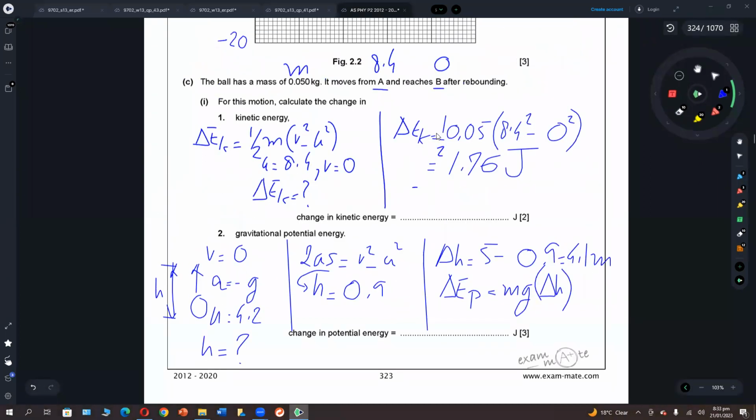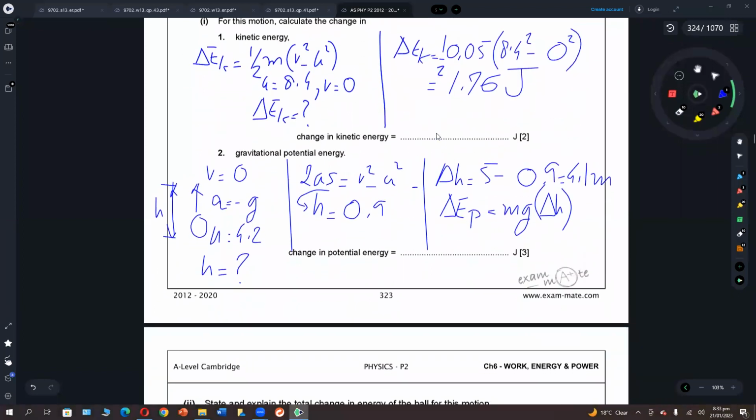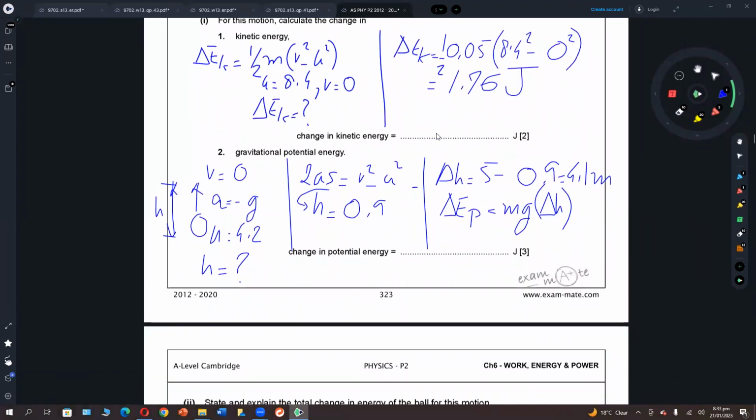Now I have the value for mass, I have the value for g. अब इसमें सारी वैल्यूज प्लग इन करो तो it comes to be 0.441 joule. दोबारा चेक कर लें, mg delta h.